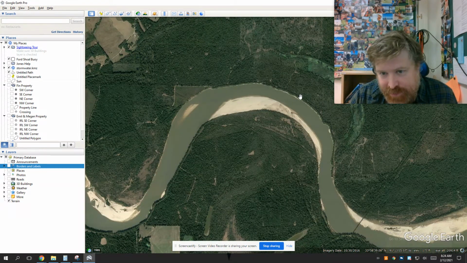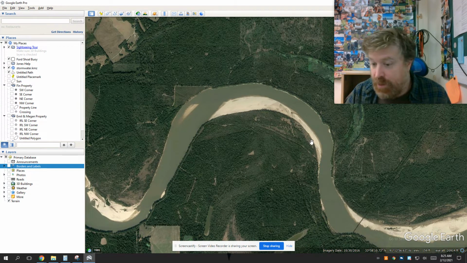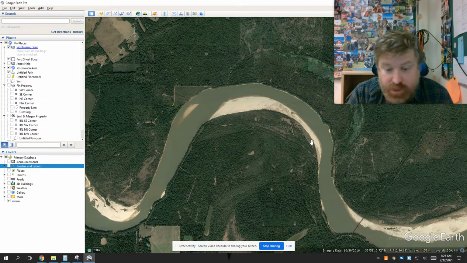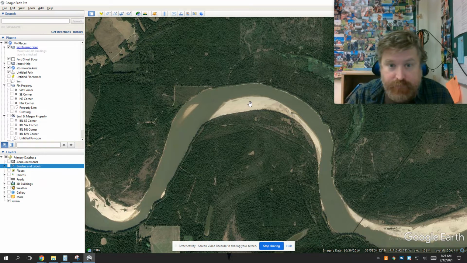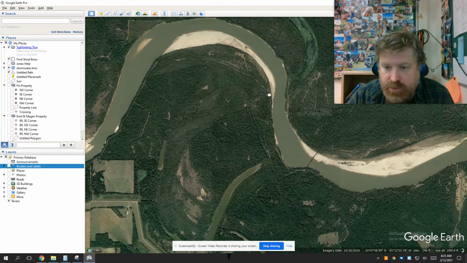So as it comes around, the speed on the outside is going to be faster, whereas the speed of the water on the inside is going to be a little bit slower. I know we've got people in the school that fish and you've probably noticed this, that the slower water, and maybe shallower water because of deposition, is on the inside of bends, and on the outside would be faster. The black hole down there, for example, it's pretty evident.